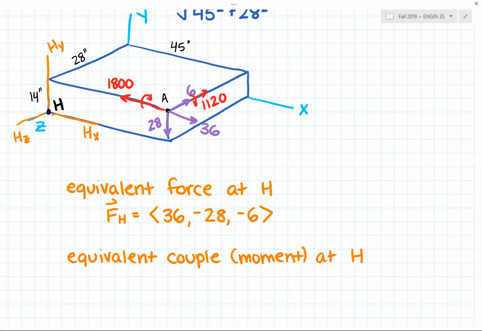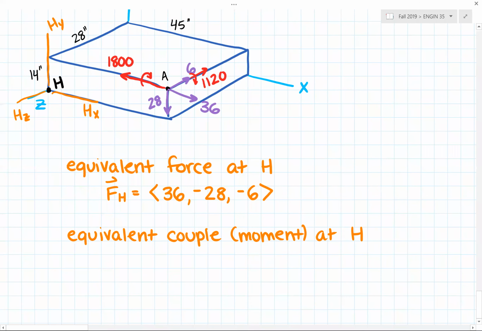Because we're moving the force from A to H, we have to consider the moment that the force at A creates about H. So when we're solving for this moment at H, it's going to be the moment at A, which is those two components, the negative 1800 in the x direction, negative 1120 in the z direction.